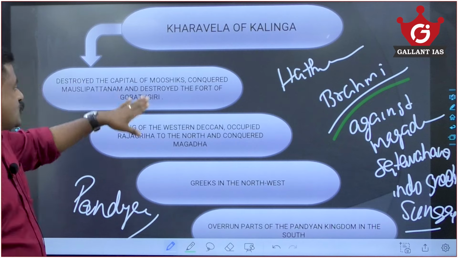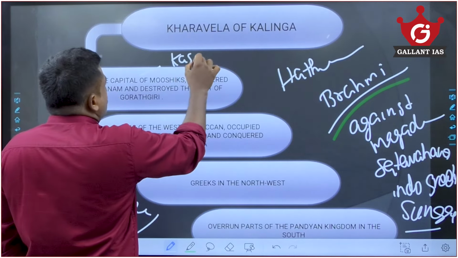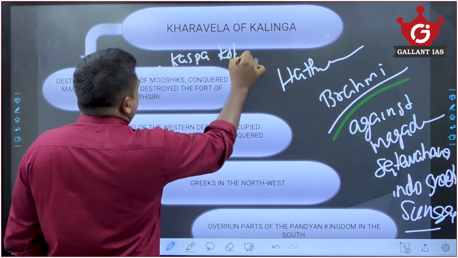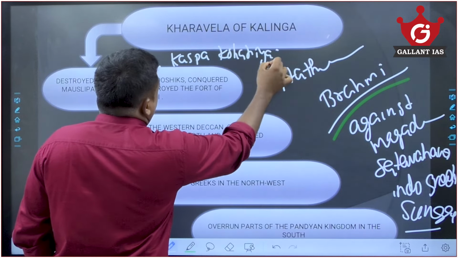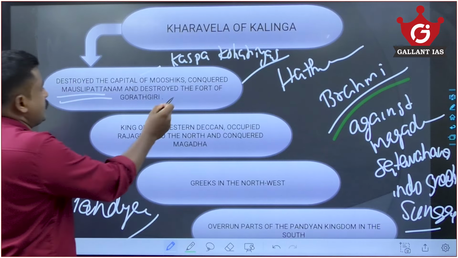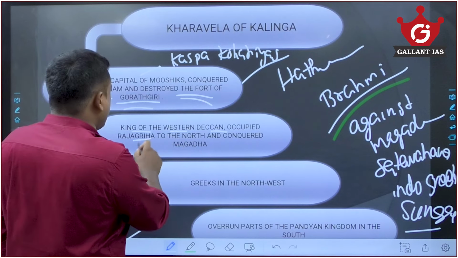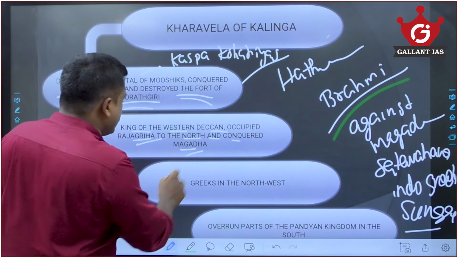The capital of Mushika was destroyed, in support of the Kashyapa Kshatriyas. Then he conquered south Masulipatanam and destroyed the fort of Gorathagiri. The king of the Western Deccan was defeated, and he occupied Rajagriha to the north and conquered Magadha.